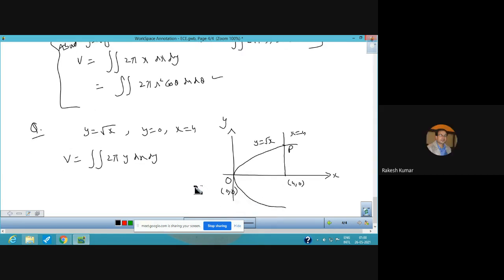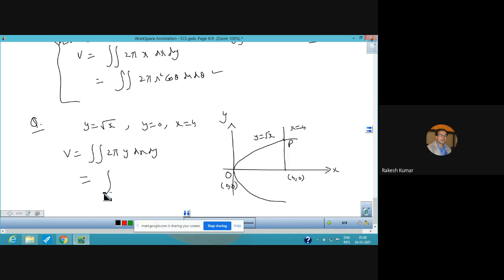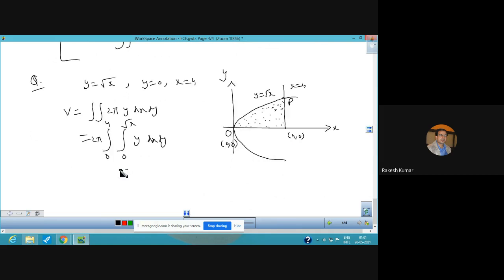So this is the formula, and now you have to write down the limits. The limits of x and y are required. Now x is clearly varying from 0 to 4, and your y, because it is lying in the first quadrant, so this is the shaded region we have, and your limits of y are 0 to square root x. 2 pi can be taken common, y dx dy.